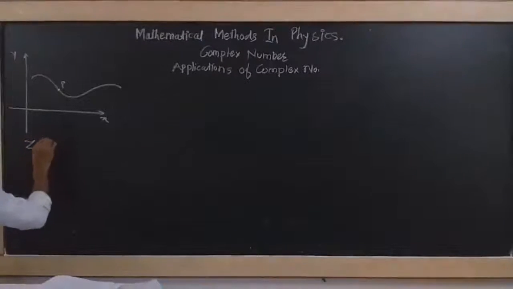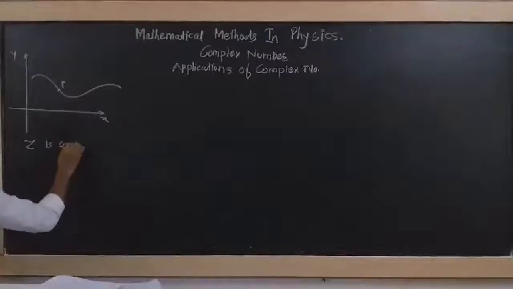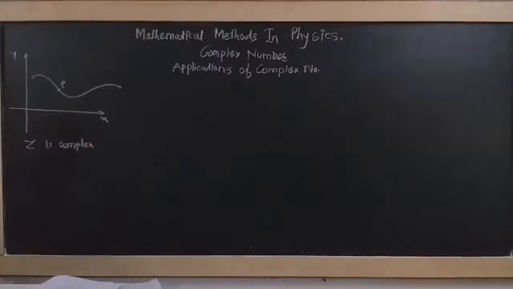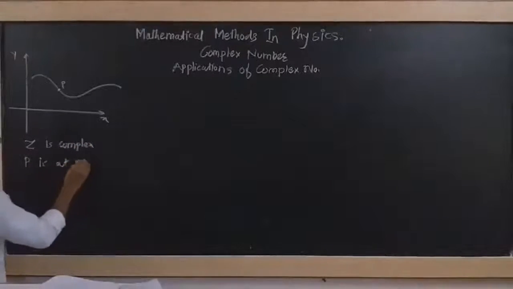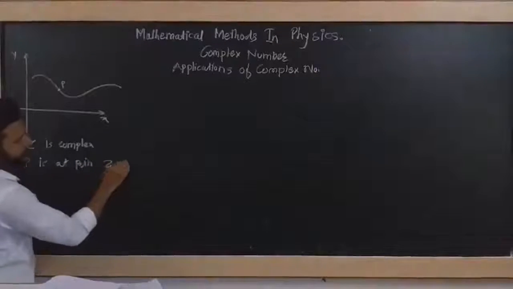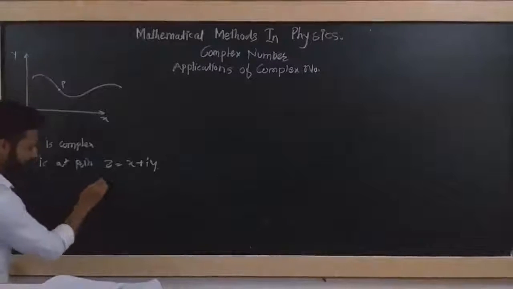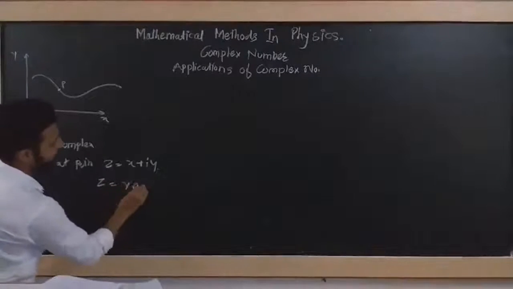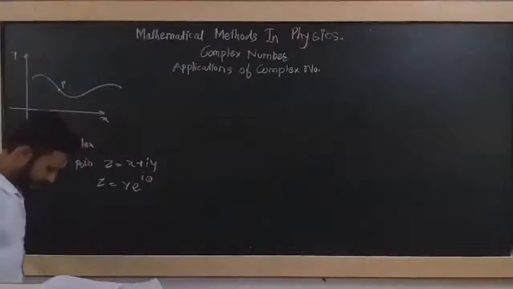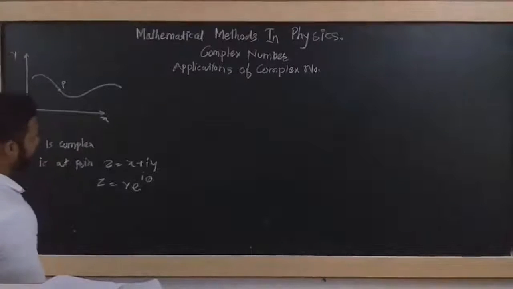Suppose z is a complex number and P is at the point z equal to x plus iy, or we can write z equal to r e raised to i theta.